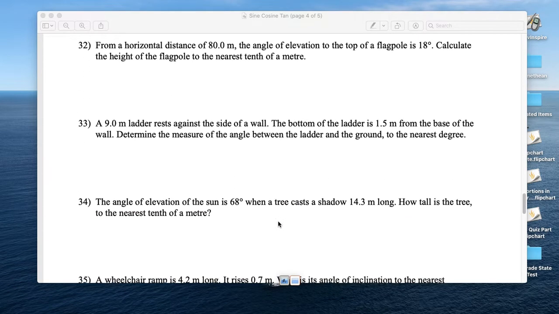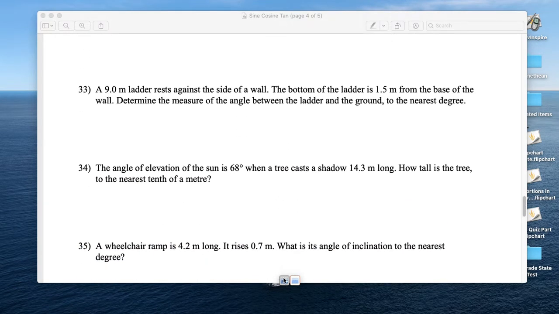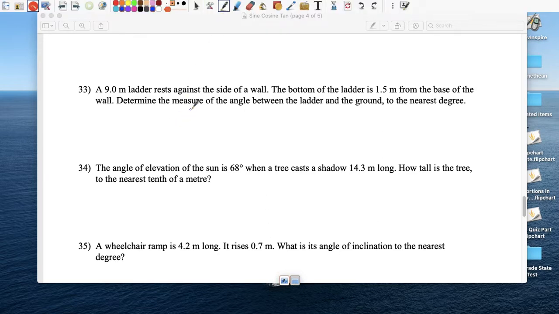Number 3: a ladder rests against the side of the wall. So here's a wall of the building, and we have a 9-meter ladder. So here's the ladder. That's 9, right? The bottom of the ladder is 1.5 meters from the base of the wall. Okay, so let me draw this a little better.